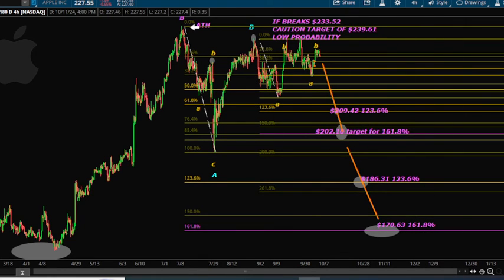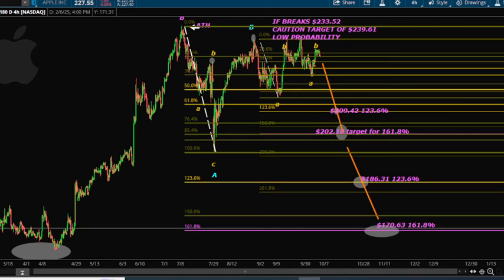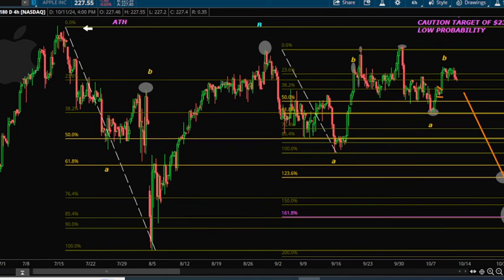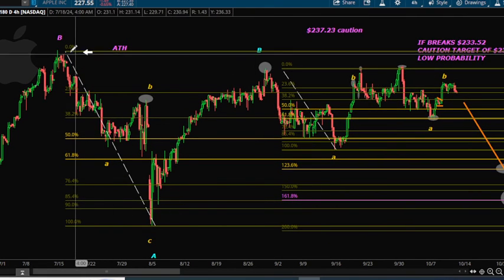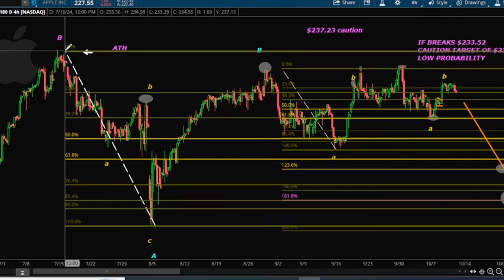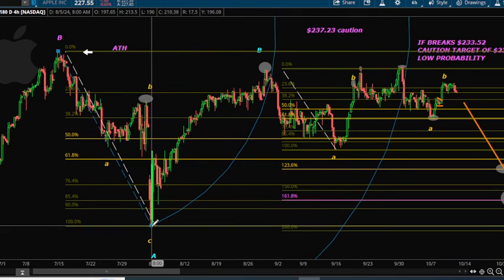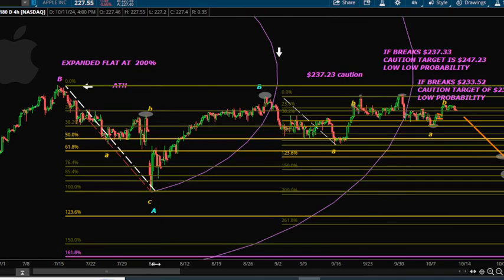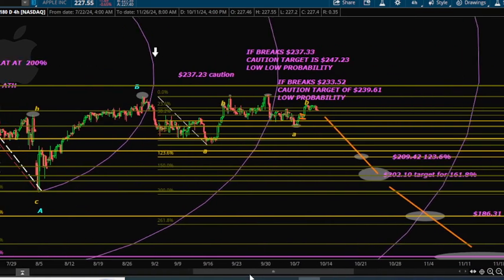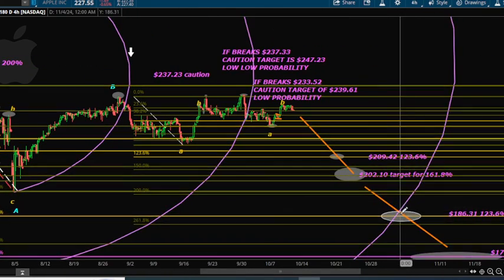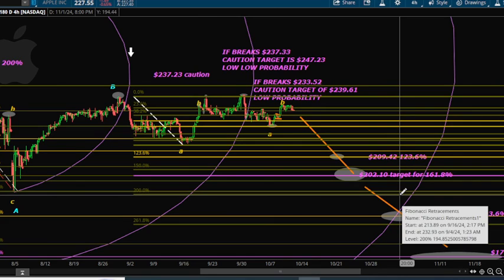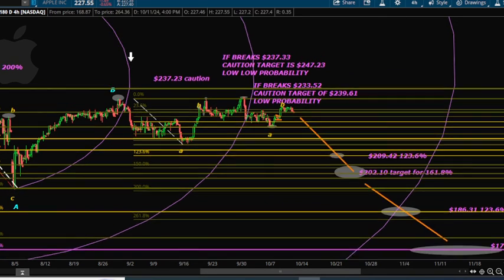Now, one other thing I want to try is a fib spiral. I never get these right, so don't weigh too much on these, but I'm just curious to see where we might end up later down the road, and I want to see if this fib lines up on the 123.6 down in November 1st.